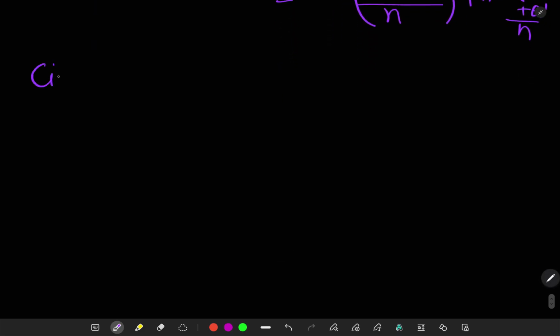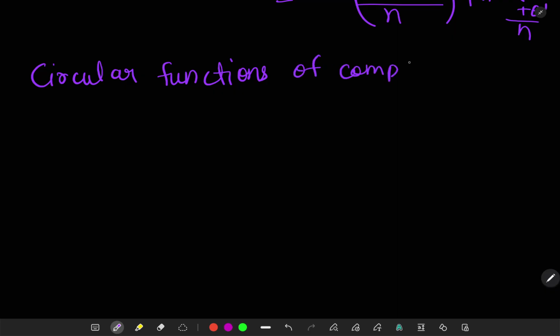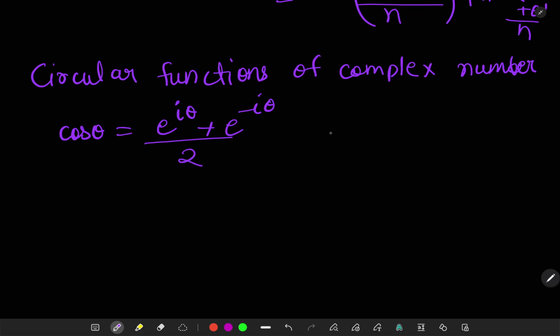Now circular functions of a complex number. Cos theta equals e raised to power iota theta plus e raised to power minus iota theta divided by 2, and similarly sin theta equals e raised to power iota theta minus e raised to power minus iota theta divided by 2i.